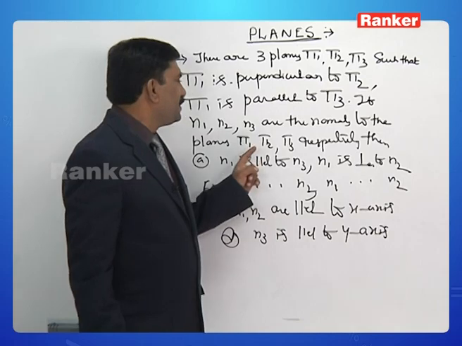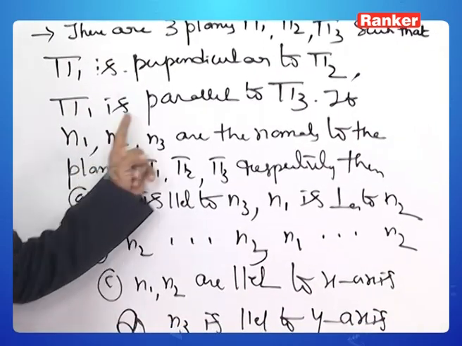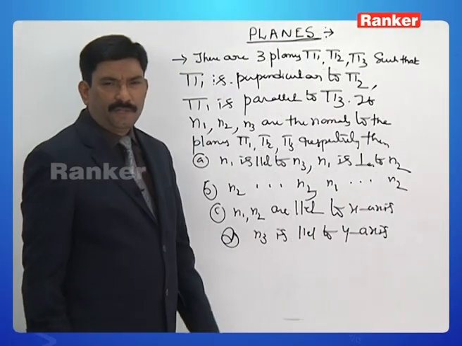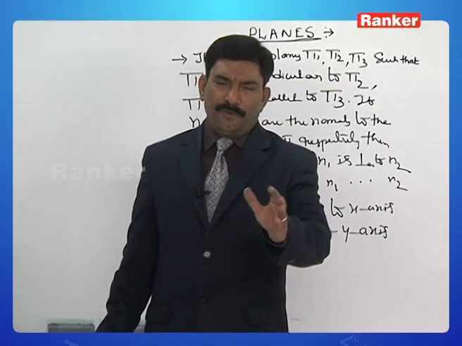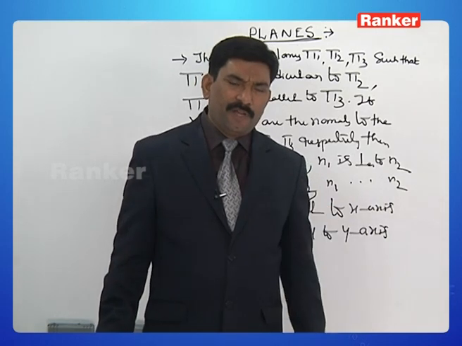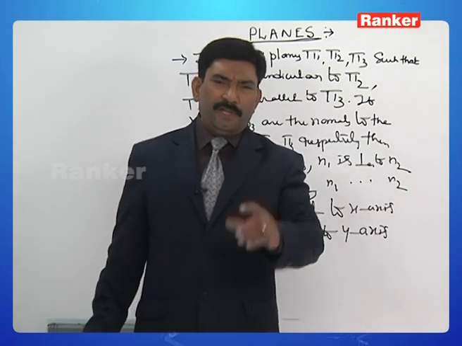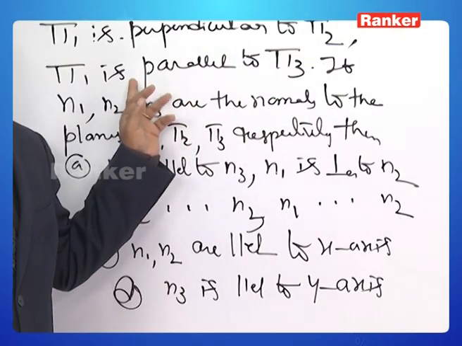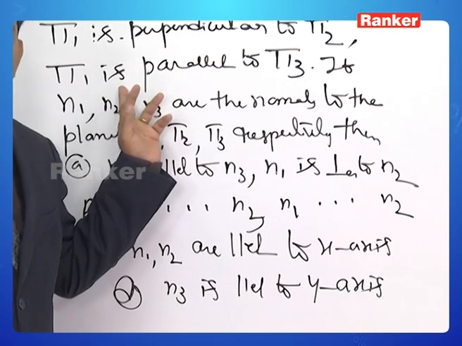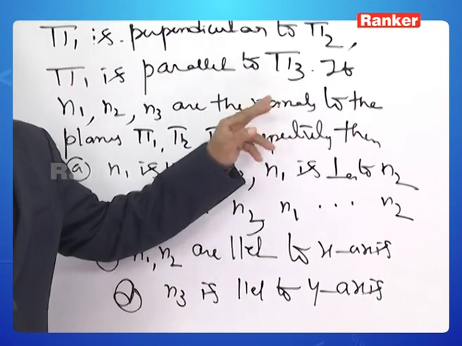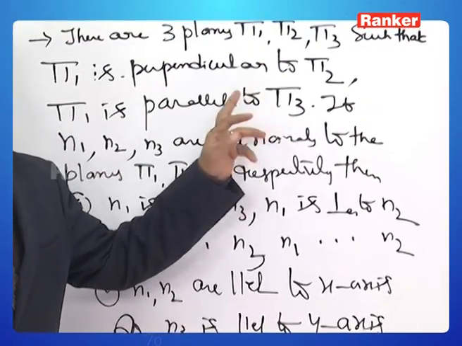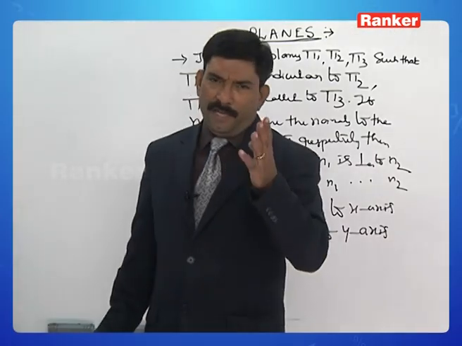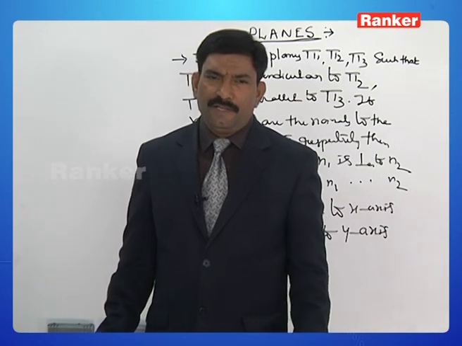Meanwhile, plane 1 is parallel to plane 3. As you know the definition, the angle between two planes is the same as the angle between their normals. When plane 1 is parallel to plane 3, the normal drawn to plane 1 is n1, and the normal drawn to plane 3 is n3. Therefore, it is quite obvious n1 is parallel to n3.